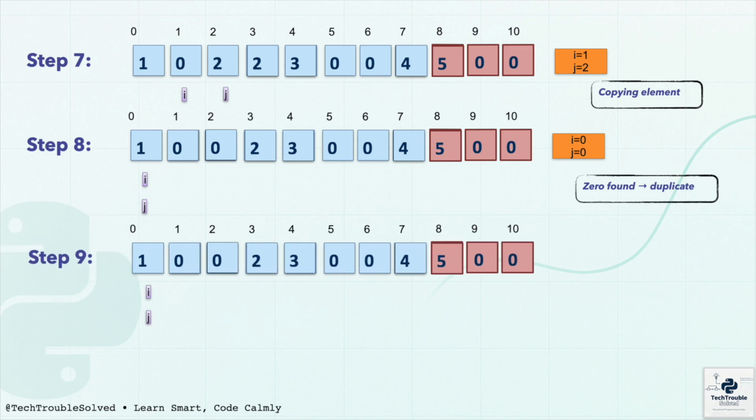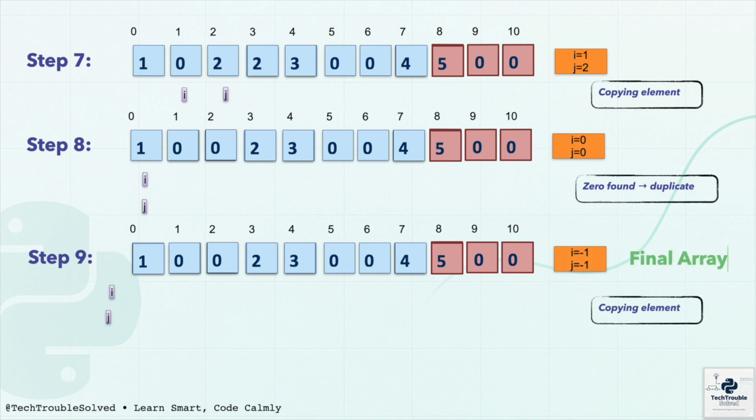At step 9, both I and j are at index 0. Now the element is a non-zero element, which is 1. So 1 will be copied to the 0th index and after that both I and j will move one step backward. So the index position will be minus 1 at the end of step 9.